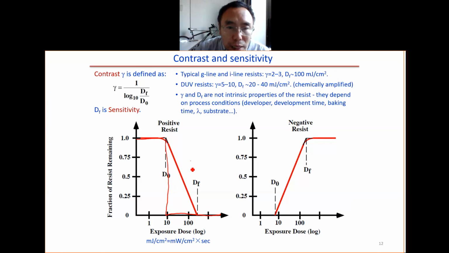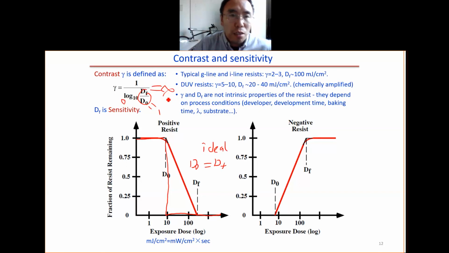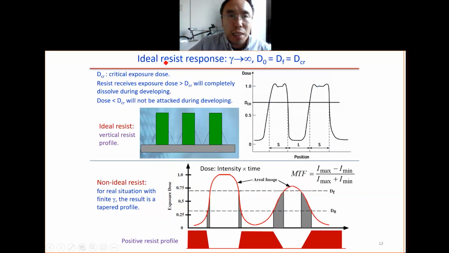That means we have a very abrupt, very steep transition. This way, if we see the Df, this one equal to 1, the bottom equal to 0, this equals infinity. So ideally, the contrast is infinity. As you see here, this is the ideal resist, so gamma, the contrast, equals infinity, and D0 equals Df, equals the critical dose.